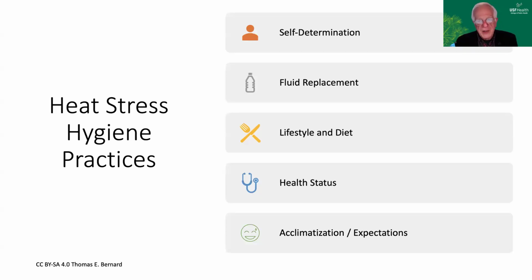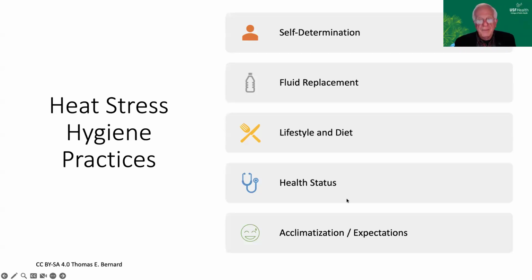Health status really breaks into chronic illness and how you explain to people that they need to seek the advice of their provider, as well as acute illness. As a public health person, I say, don't show up for work. But people are going to show up ill. And I'm going to mention later that you ought to have a plan to deal with that kind of presenteeism.